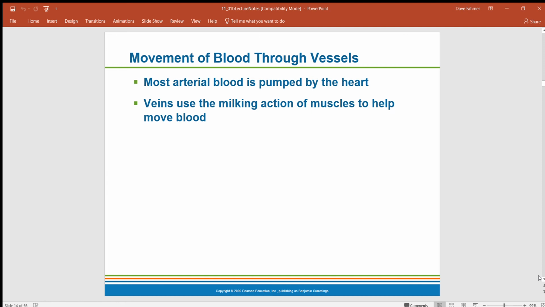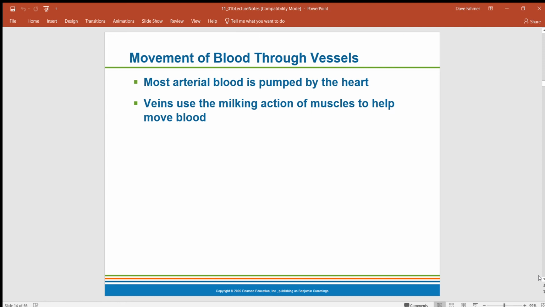So there's the exception to that rule. Also, in our portal systems, which I'll talk about later, we're going to have an exception that's the same as that also. So, generally speaking, arteries carry oxygenated blood, veins carry deoxygenated blood, except for those exceptions.